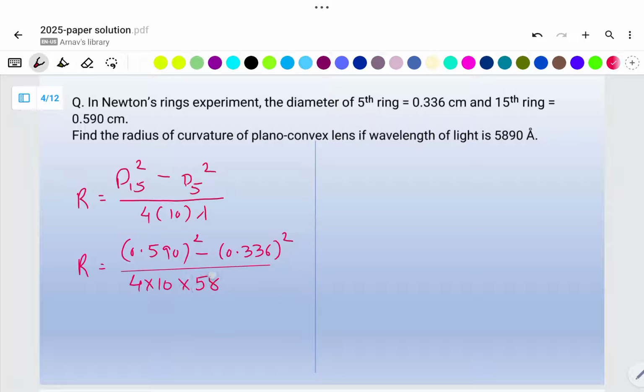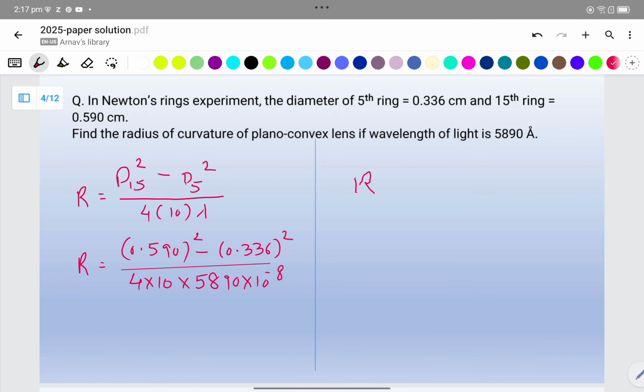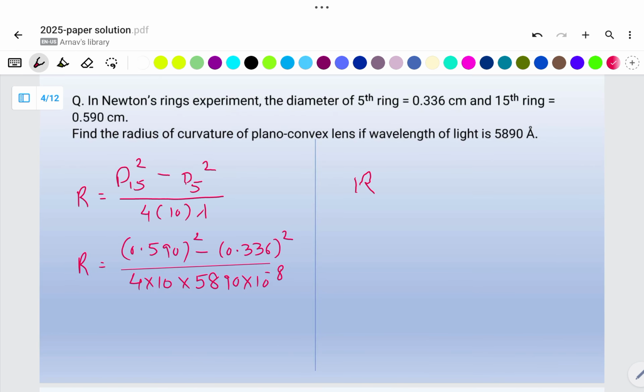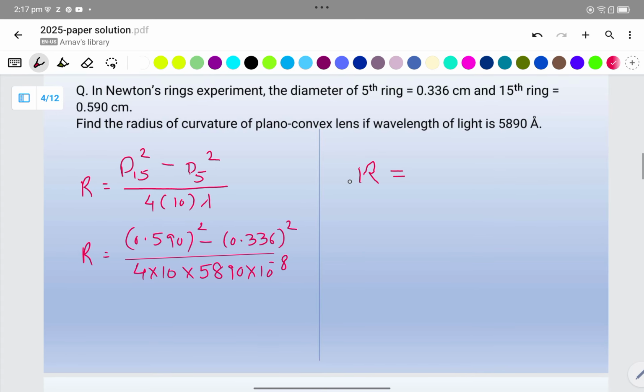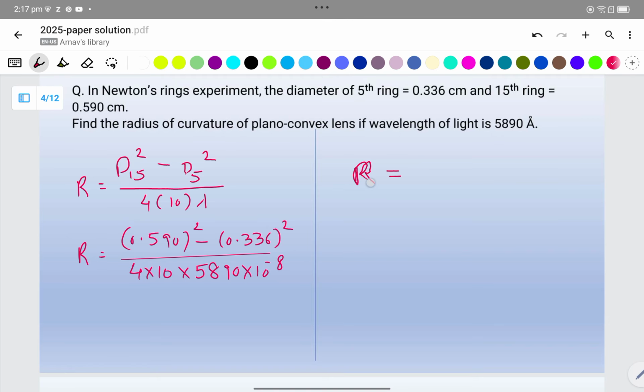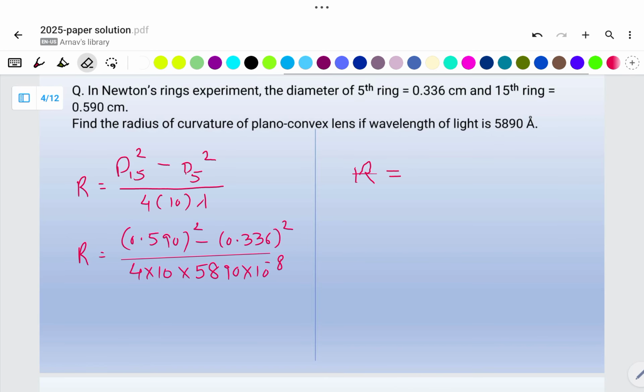I can write this as 5890 into 10 to the minus 8 centimeter. When we substitute and calculate the value of R, the value of R will be 99.83 centimeter.